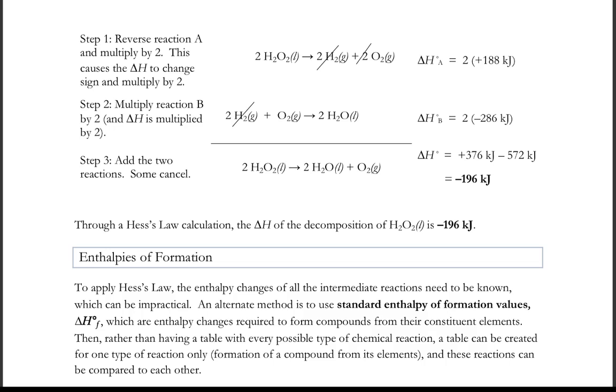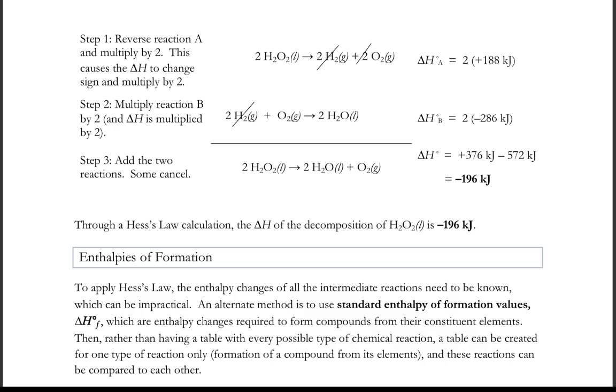So we see that we have 2H2 on opposite sides. We cancel that out. We have 2 O2s on the right side. We have 1 O2 on the left side. So we subtract an O2 from each side, so we end up with only 1 O2 on the right side.